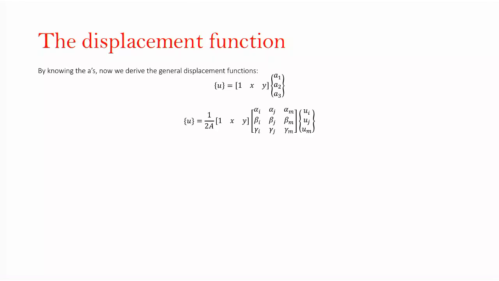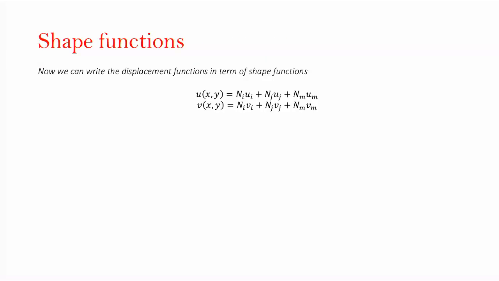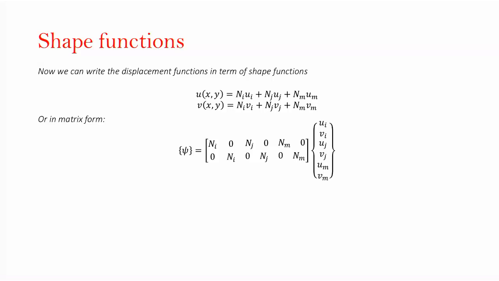And now, if we expand all the equations together, and we want to merge them together and find the psi function, which was the general displacement, I'm going to go through them quickly. This would be the final psi displacement. So we have, again, a 2 by 6 matrix times a 6 by 1 matrix.